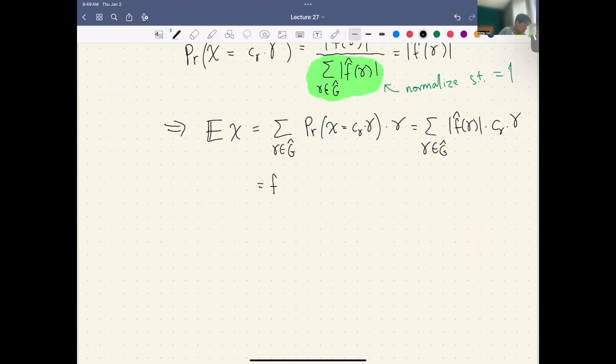So let me just state the theorem without giving the proof. The idea is the same. So it's the theorem of approximating functions using few characters.